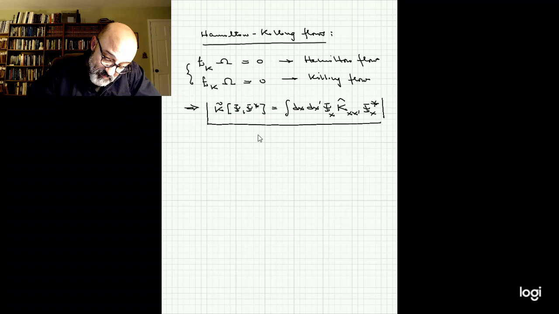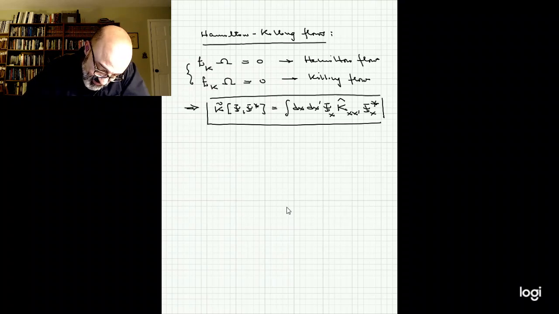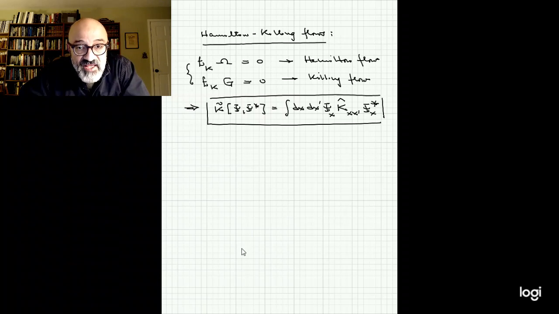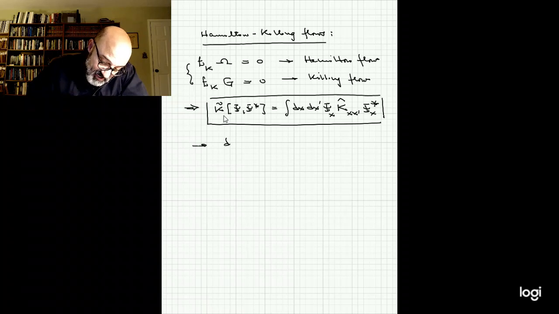Forcing that both, oh, I'm sorry, I did something wrong here, right? This is not this, that's not omega, that's G. Forcing that both the symplectic structure and the metric structure be conserved leads to quadratic Hamiltonian functions, which leads to equations of evolution which are given by Hamilton's equations.